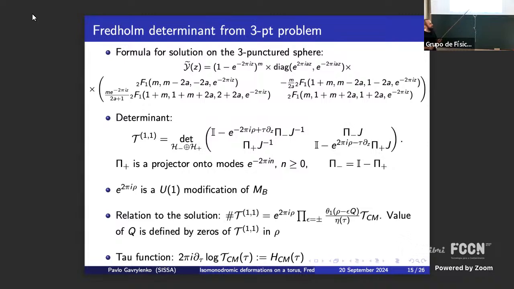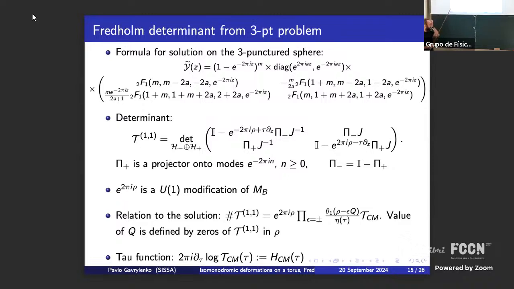There are different tau functions which are natural in different situations. So this usual tau function is natural because it is directly related to the Hamiltonian. But this tau function with extra theta one is more natural because it has the determinant representation. It also has explicit expressions in terms of combinatorial functions.